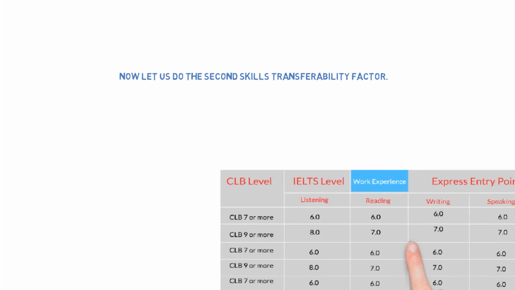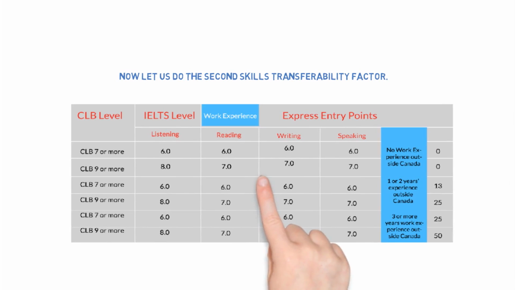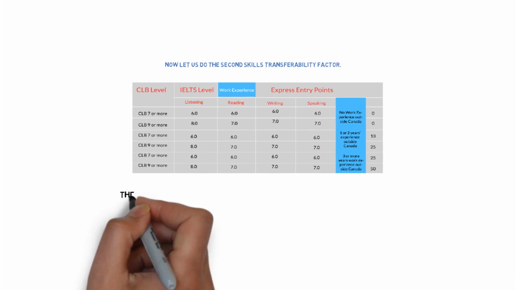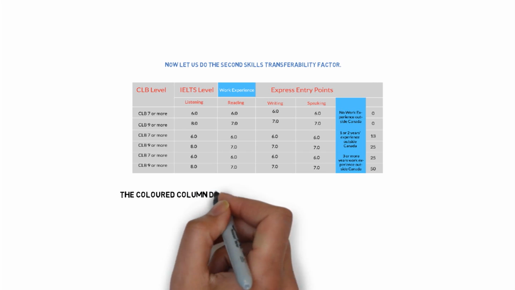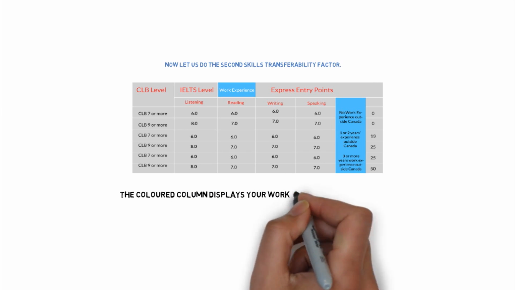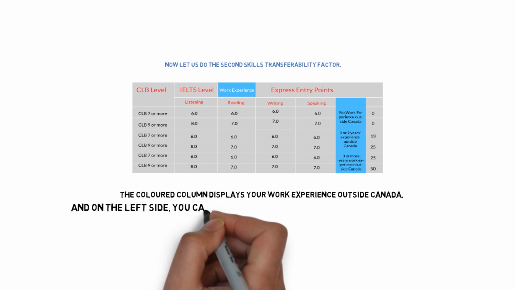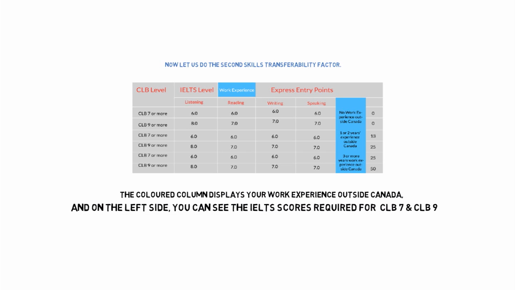The colored column displays your work experience outside Canada in this chart, and on the left side you can see the IELTS scores required for CLB 7 and CLB 9, and the Express Entry points which you have earned for these scores are displayed on the extreme right.